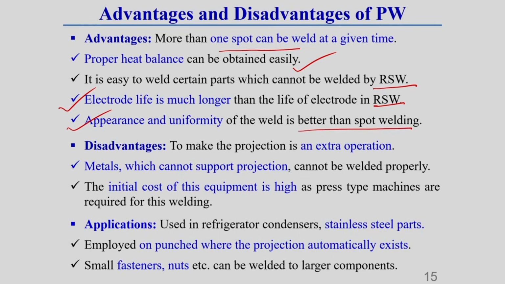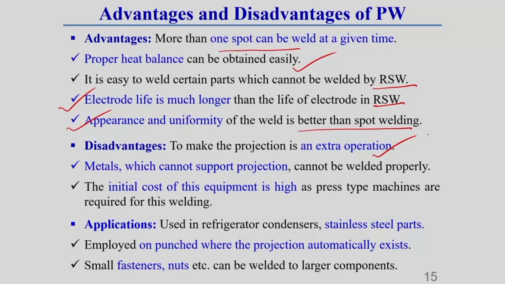Now, it has some disadvantages also. First of all, we have to make a projection on one workpiece, which is an extra operation, and this extra operation is required in projection welding. Metals which cannot support a projection, like hard materials where making a projection is difficult, are very difficult to weld by this process and cannot be welded properly.